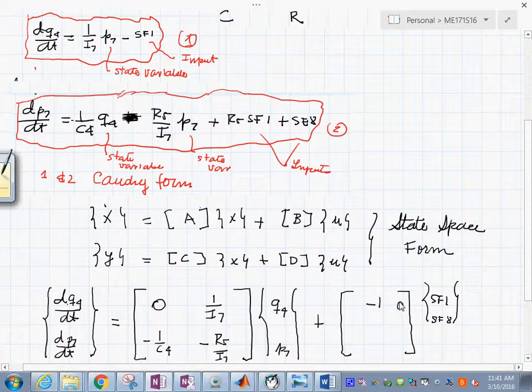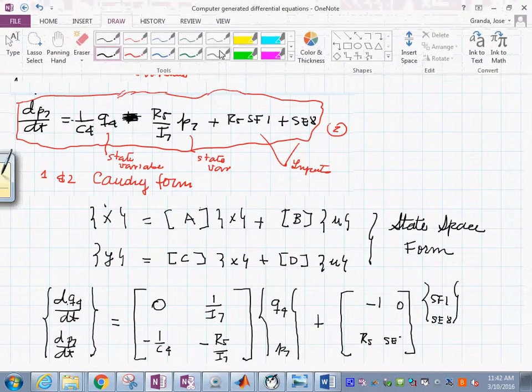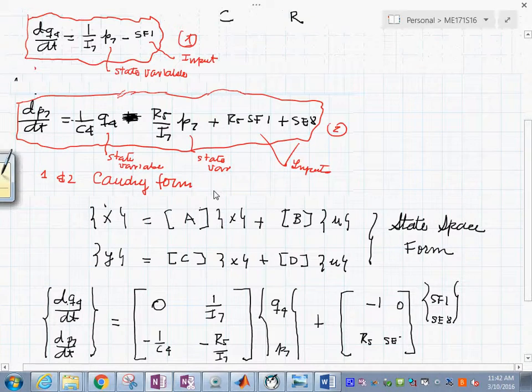So if we can use the red color, this guy is the X vector like this. This is the A matrix. This is the vector of state variables. This one is the B matrix, and this one is the U vector.